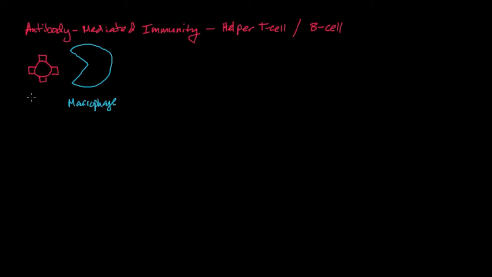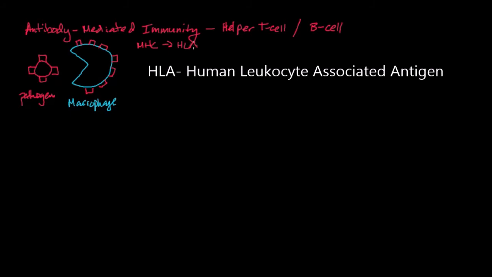Just in case you forgot, this is a pathogen. And that macrophage, once it eats this pathogen, will display the antigens of that pathogen on its surface, right, on what we call a major histocompatibility complex, and in humans we call it HLA.